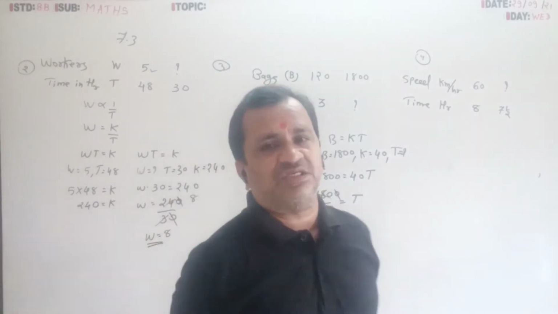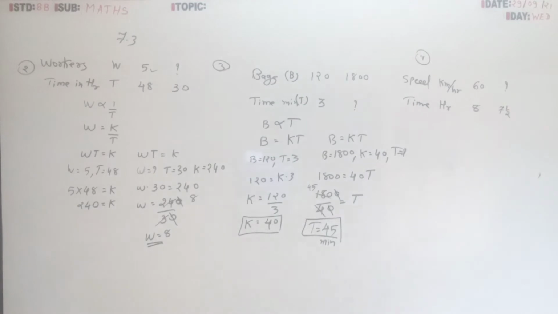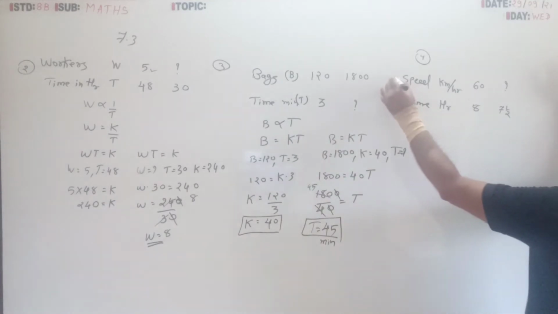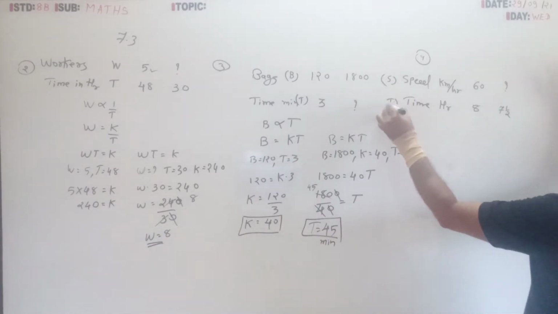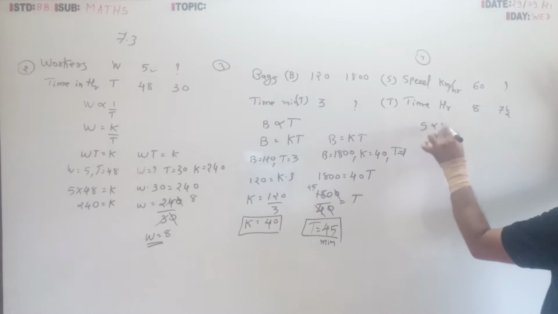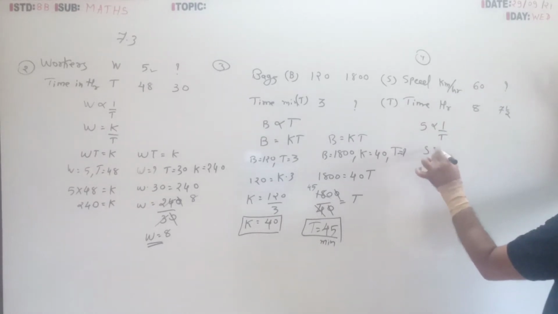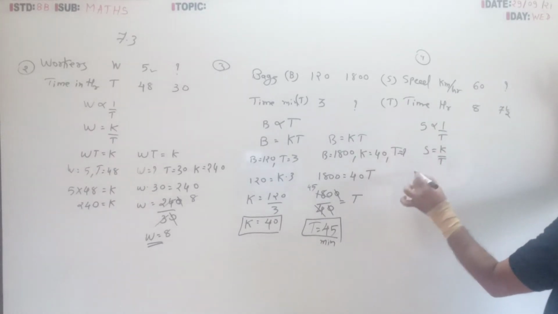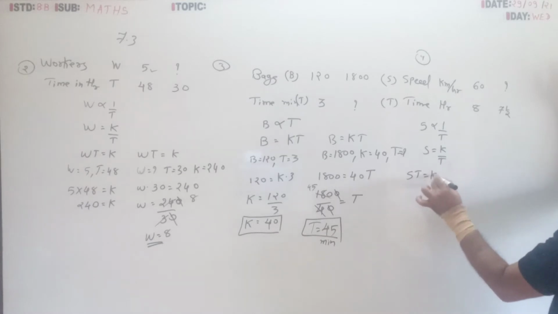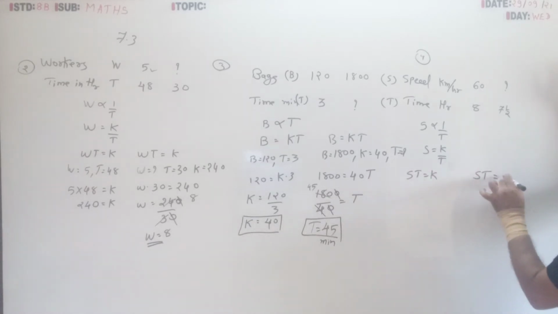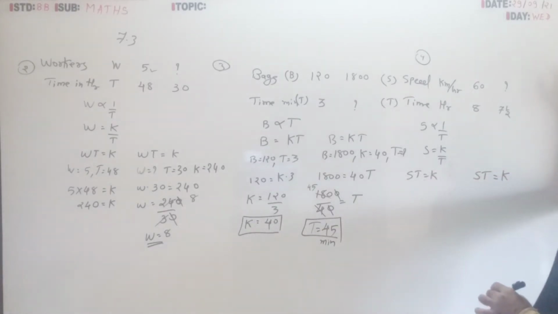Suppose the answer is 65, so we have to increase 5. So S is speed, T is time. Speed is inversely proportional to the time. S is equal to K by T. ST is equal to K.